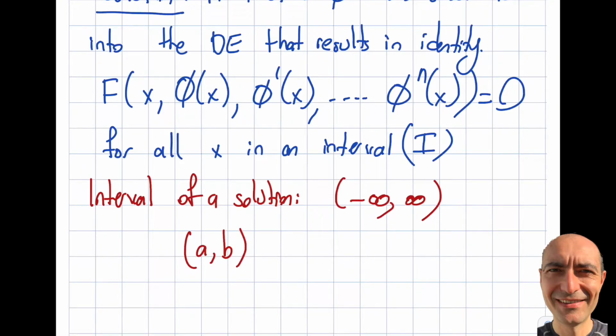The closed interval will be, this time around, still the same, plus the value of a and value of b will be able to satisfy. Okay, and it doesn't have to be symmetric. So I can have a comma b, and this can be closed, right? There's a bunch of different ones, but I want you to realize that. So whenever I talk about the solution, I also need to talk about the interval.